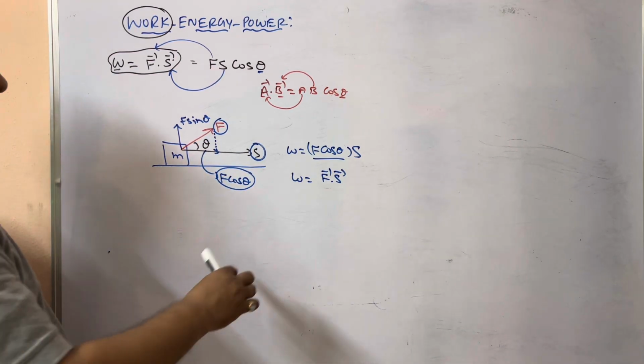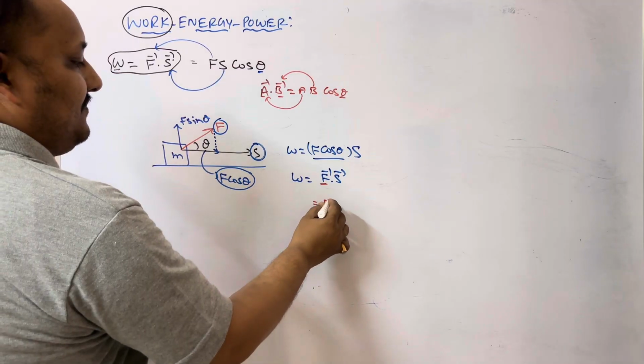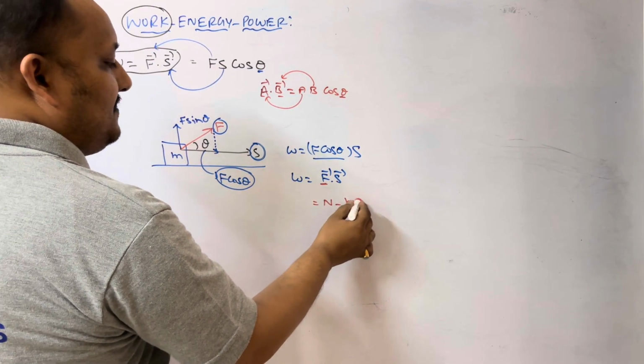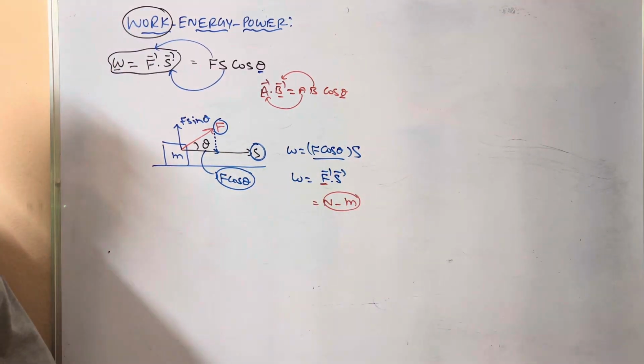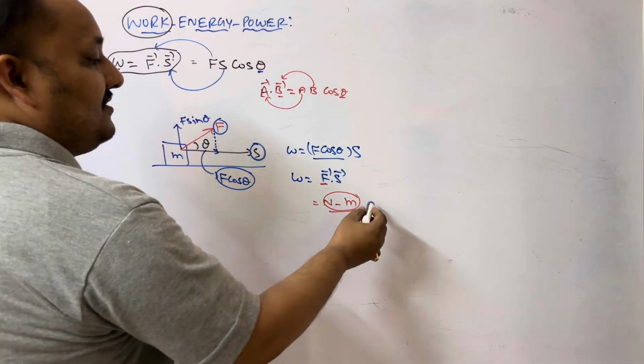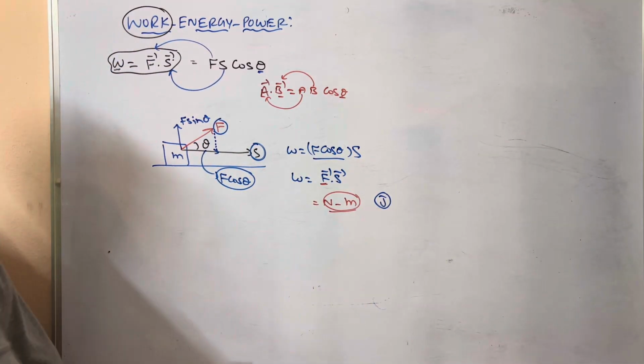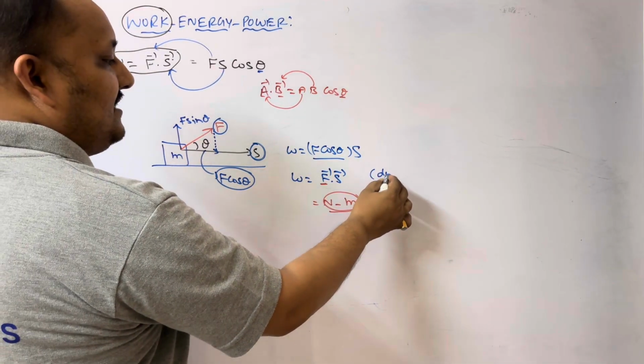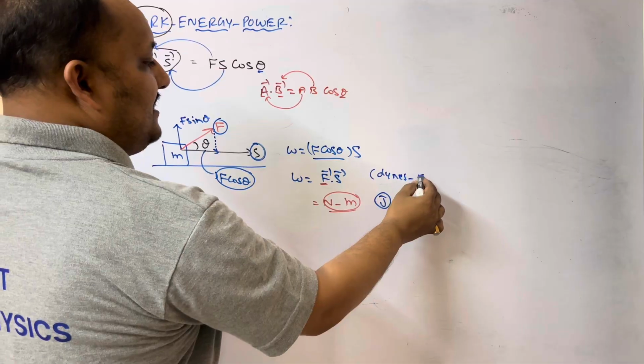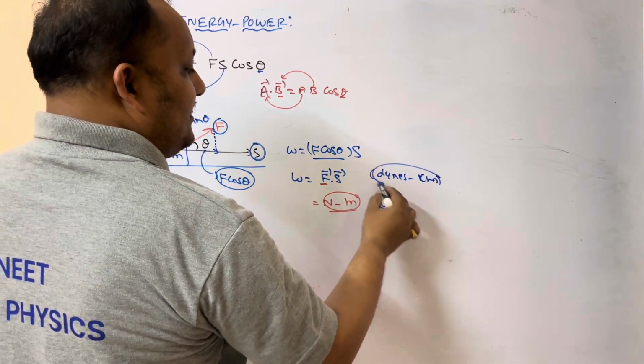What are the units for this? What is the force unit? Newton. What is the displacement unit? Meter. Newton meter. We can't always write Newton meter, so we use a shorter unit. What is the unit of work? Joules. In CGS, the force unit is dyne and the displacement unit is centimeter, so dyne centimeter.